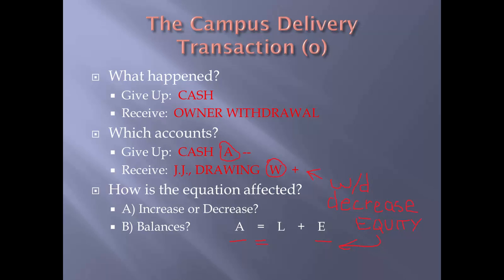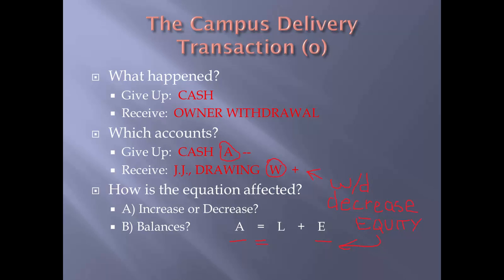Now, because in our owner equity accounts we have 4 different types: owner investment, owner withdrawals, revenues, and expenses, I can't just use OE like I did in part 1 of the video. I have to now use I for investment, W for withdrawal, R for revenues, and E for expenses. So here this is a withdrawal, so I'm going to use W.